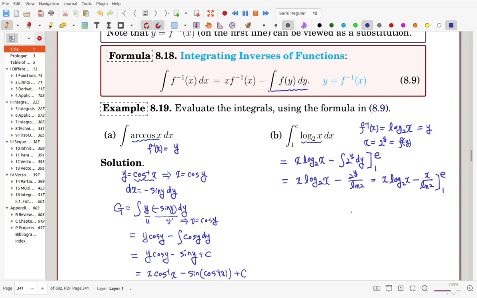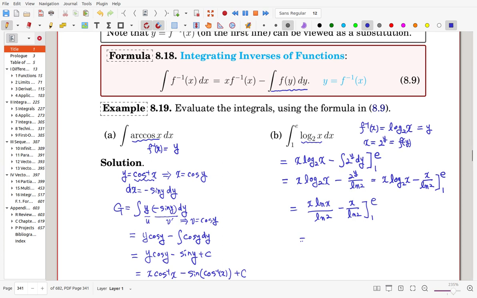Okay, here for the first term, once is okay. Now we'll see it in this way. We can rewrite this one by using the change of base: x logarithm x over logarithm 2 and minus x over logarithm 2, from 1 to e.